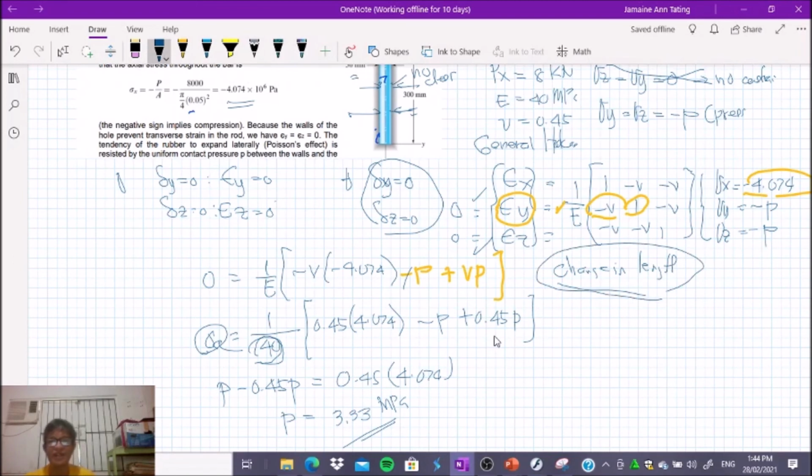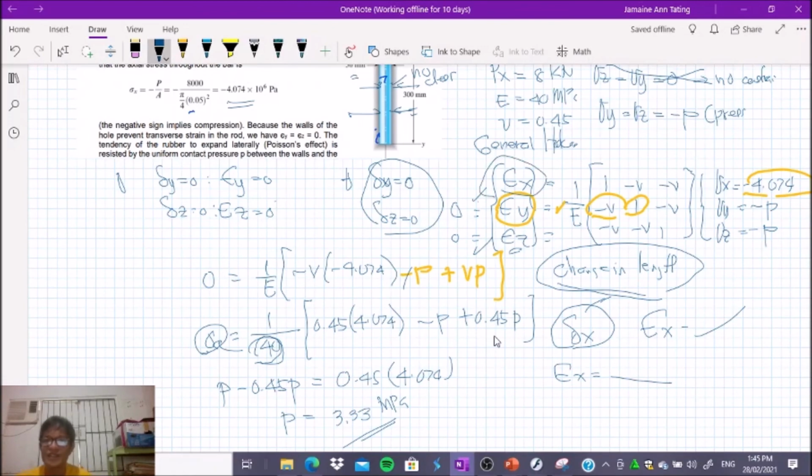Ngayon, change in length, huwag niyong isipin muna ito kaagad. Ito muna ang isipin nyo, yung strain muna. Kasi gagamitin natin yung formula na ito. So, yung strain in X ang kailangan natin muna. Kaya natin mag-solve dito sa formula nito.